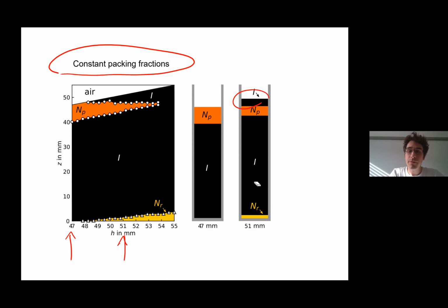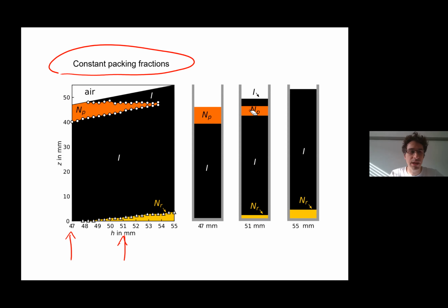And if I keep increasing the height of the sample to 55 millimeters, the nematic of platelets that was there in the middle disappears, and the sequence is top isotropic, bottom nematic of rods. So you have quite a complex evolution of the stacking sequences by simply changing the height of the sample.